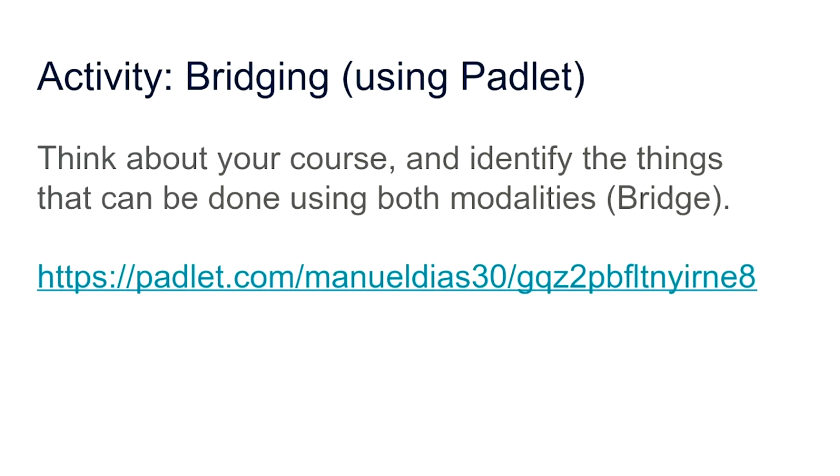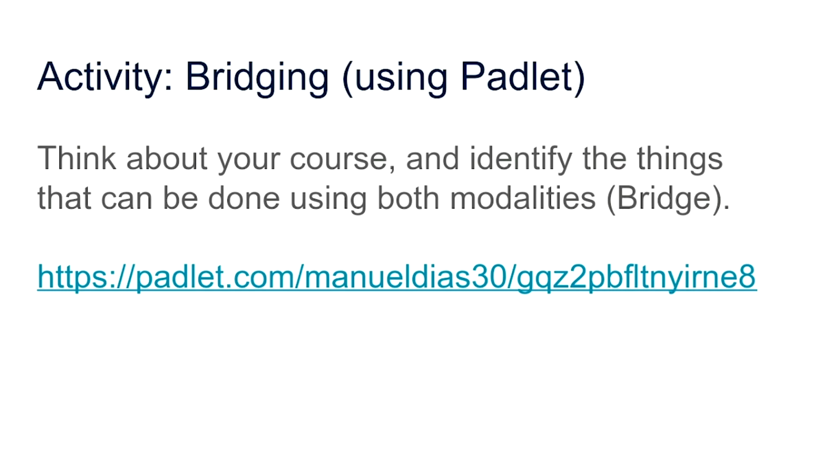I'm sorry, I developed an activity using Padlets, which is this hyperlink. So hopefully, using the chat, if you click on that link, you should be able to open it. I'm going to leave that slide right now. I'm just going to go to the Padlet and explain a little bit what I'd like you to do in the next 5 minutes or so.